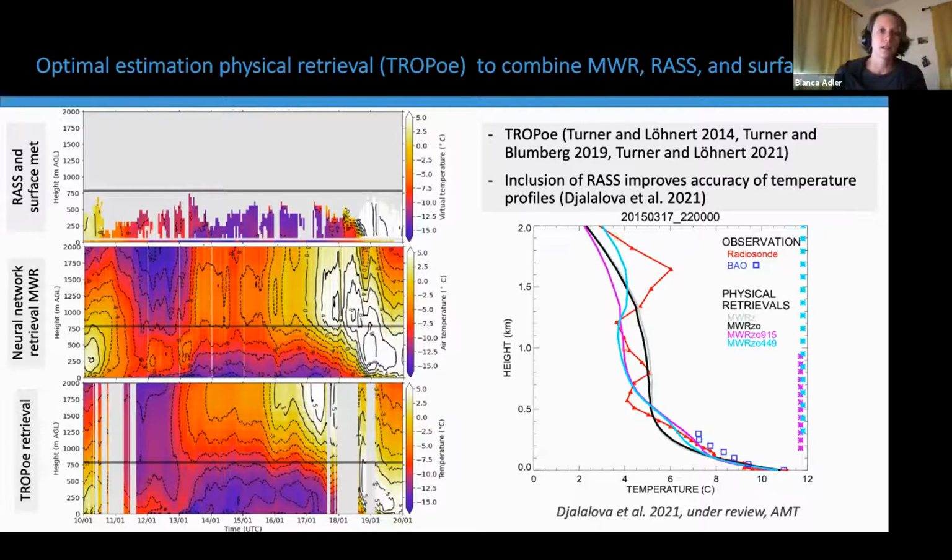The red line is a radiosonde profile, and then the gray and the black lines are temperature profiles retrieved with microwave radiometers only. And you can see that they are quite smooth. And then the pink and the cyan line are TROPoe retrievals when different configurations of RASS were included. And you can nicely see that this elevated inversion is then better captured with the retrieval.